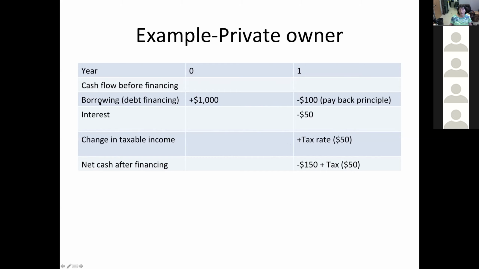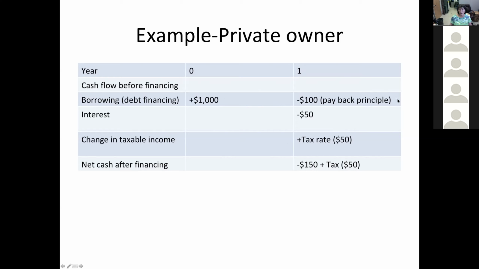So if you're borrowing debt financing, then you would get cash in year 0, which we don't worry about because it doesn't have to be inflated or discounted or any of those things.